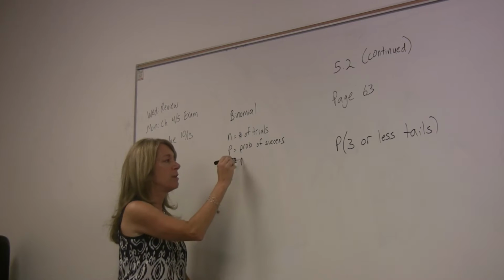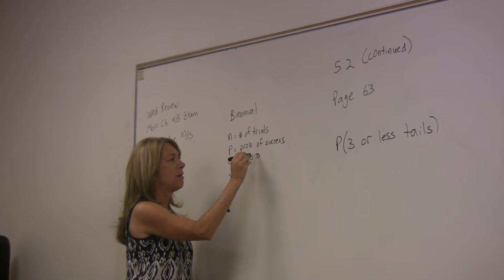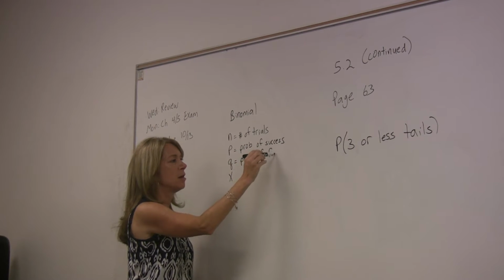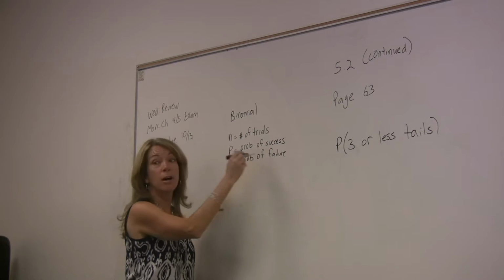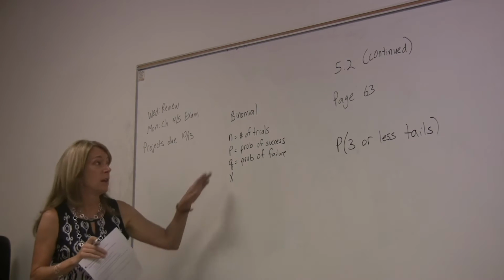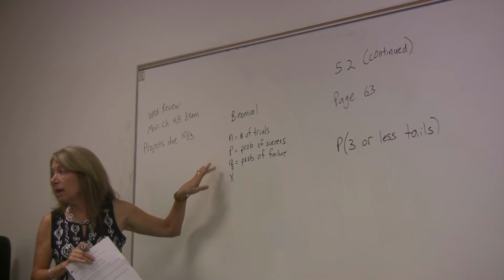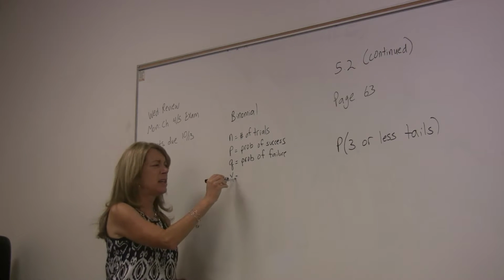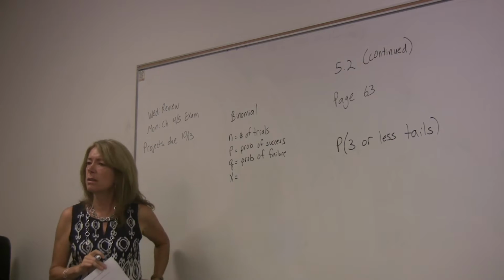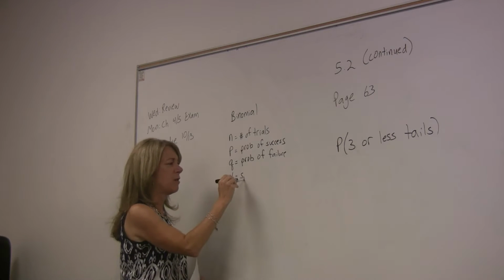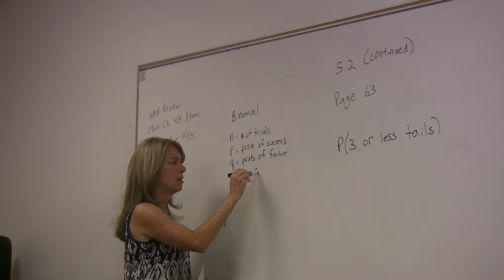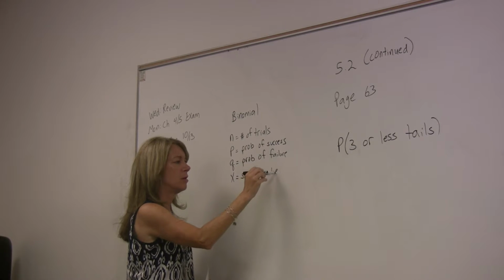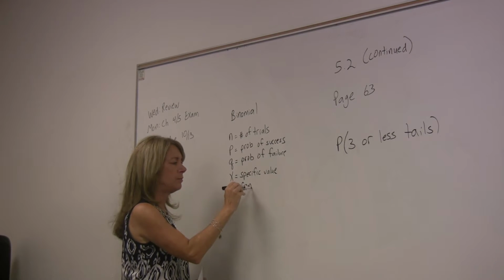Probability of a failure. How are P and Q related? They're complements of each other, right? So if P is 0.1, then Q would have to be 0.9. And then X is a specific value from the question.